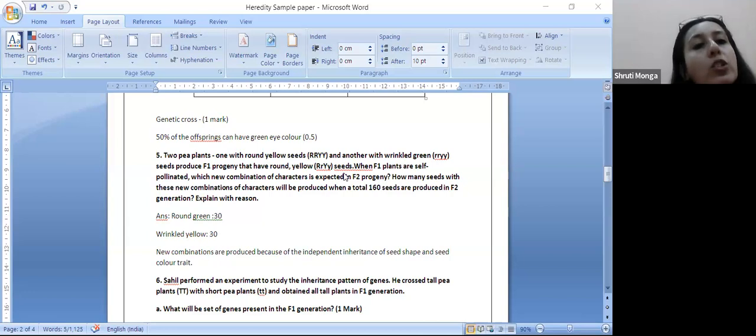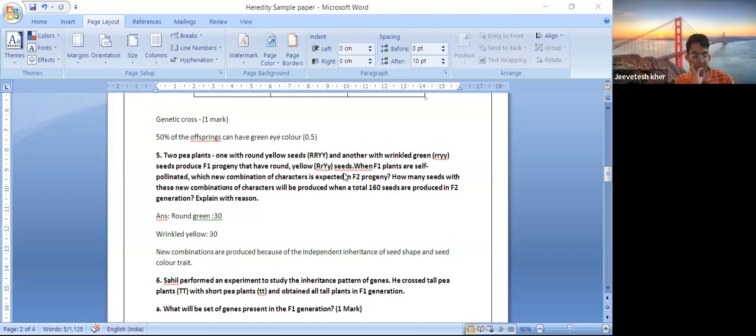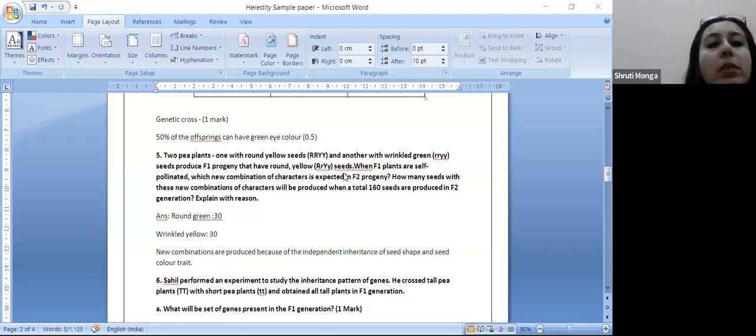What are the new combination seeds? Round green and wrinkled yellow. These are the new combinations that we get to see in the F2 generation. So they are just asking you the number, that out of 160, how many are round green and wrinkled yellow. You have to calculate how it came 30.